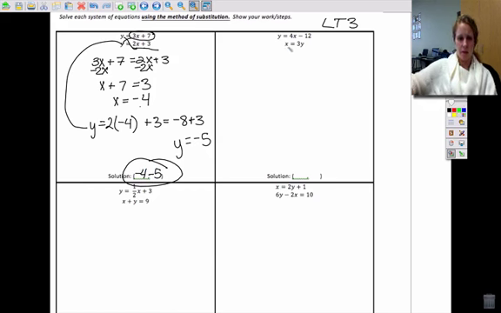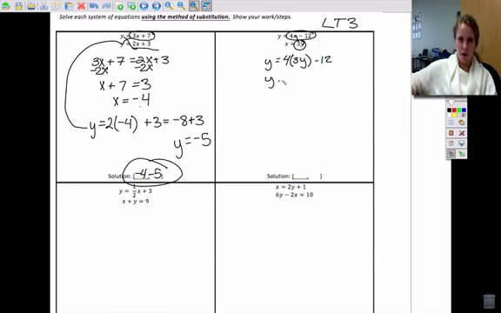Here, since x is isolated, and y is isolated, we can plug this in here, or we can plug this in here. I'm going to choose to do it that way. I'm going to use the top equation and plug 3y in for x. So y equals 4 times 3y minus 12.